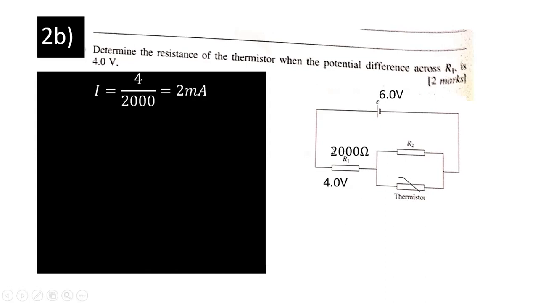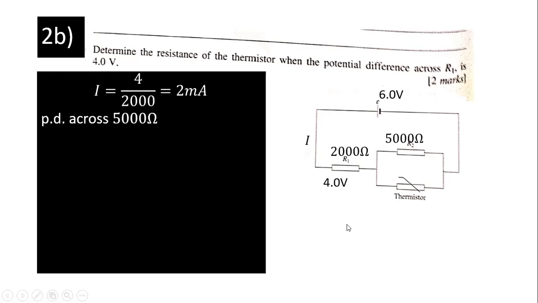First calculate, you got a potential difference, you got a resistance, can calculate the current through here. Then this is 5,000. You know this is 4 volt, so this one must be 2 volt.